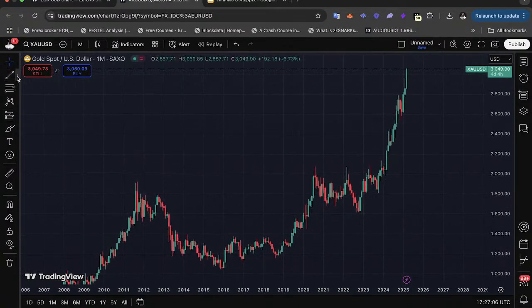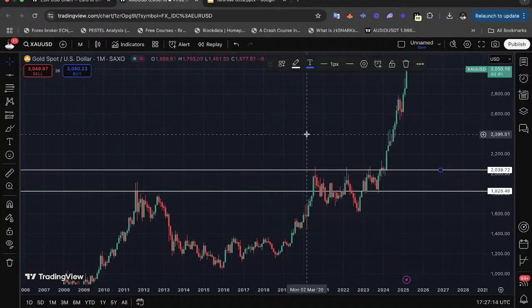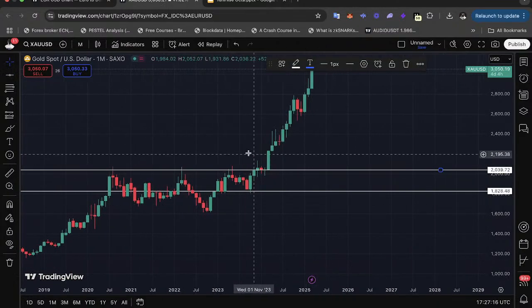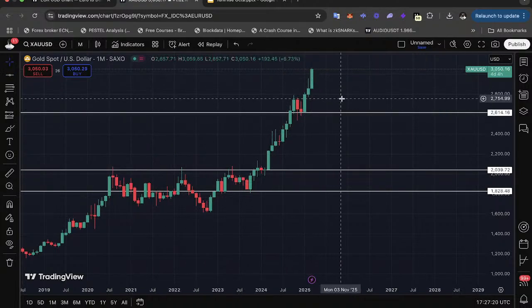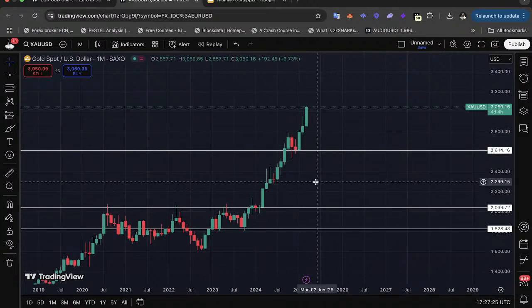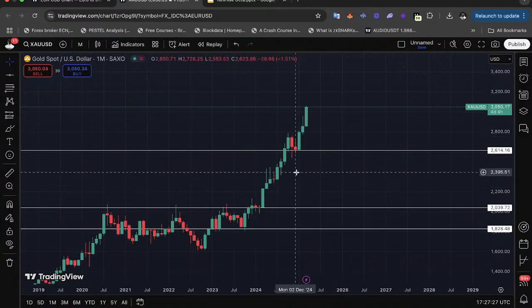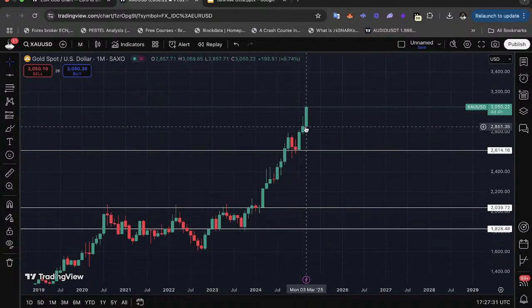Now, what can we see on gold? We can map out key levels on the gold market. Okay, this is a key level on the gold market. Now, there is not much to see on the 1 month time frame other than the continuous rise in price.